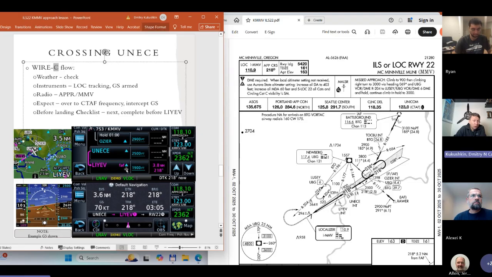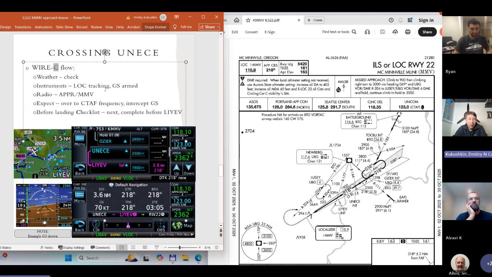This is where you are nearing the final approach fix. You absolutely have to run the before landing checklist. And you have to get the airplane configured and in your final configuration as you plan to have it for the landing or the go around. And you have to do it before the fix.